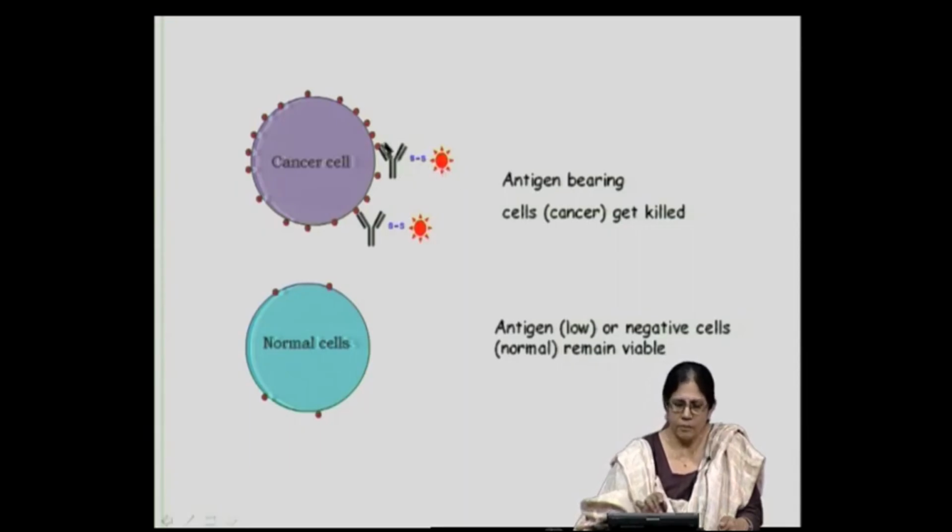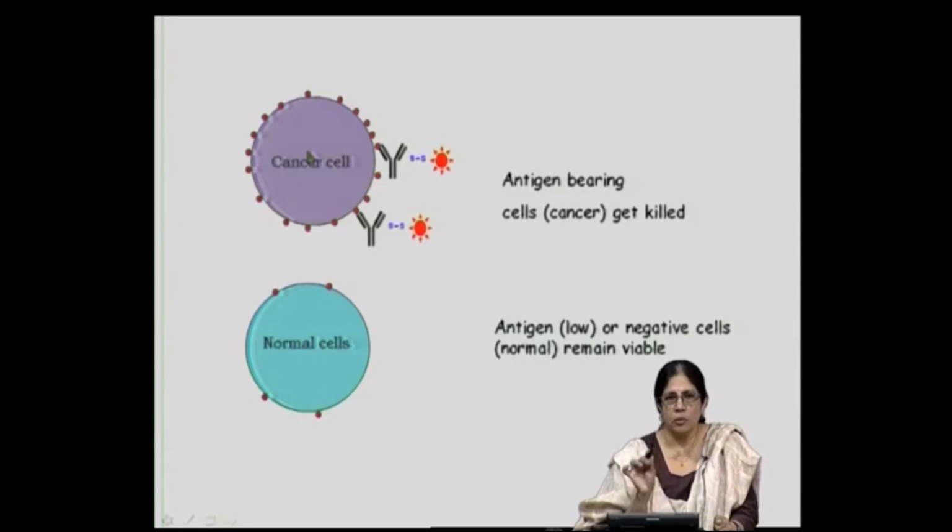This entire molecule then gets internalized, and what we have shown already, and others have shown, is that this immunotoxin, a hybrid between the toxin and the antibody, kills specifically cancer cells, or those cells which have antigens on the cell surface.